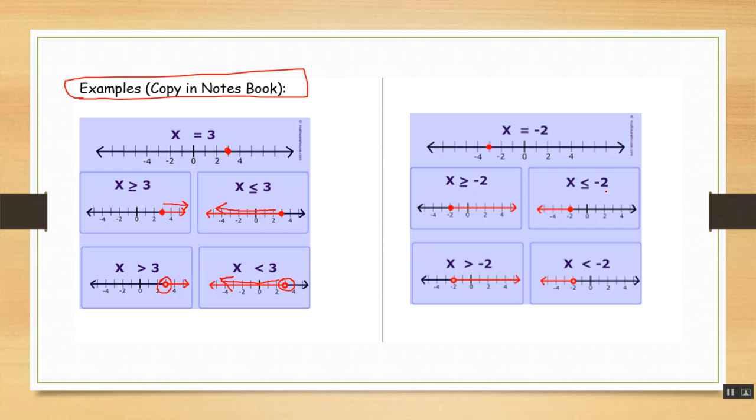X less than or equal to minus 2. The coloured in dot pointing to the left. Greater than minus 2 is the circle and the line. And x less than minus 2, the circle and the line pointing to the left.